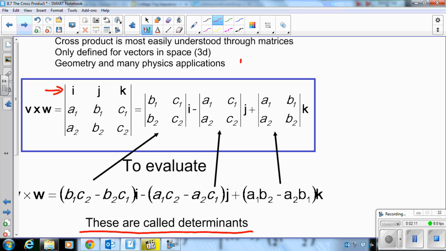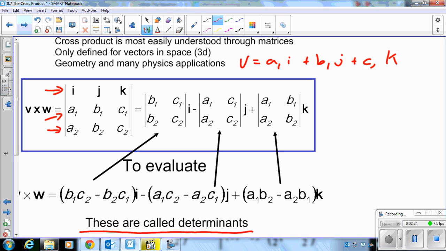So if v was equal to a1 i plus b1 j plus c1 k, A, B, and C goes there, and very similarly, w is there on row 3.